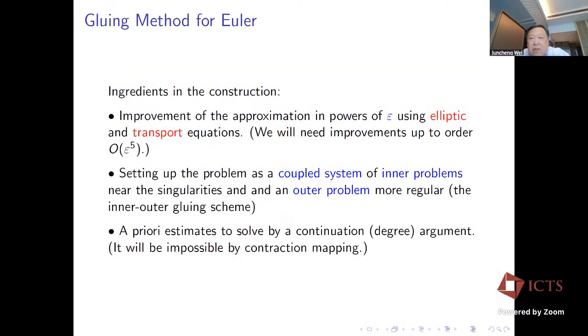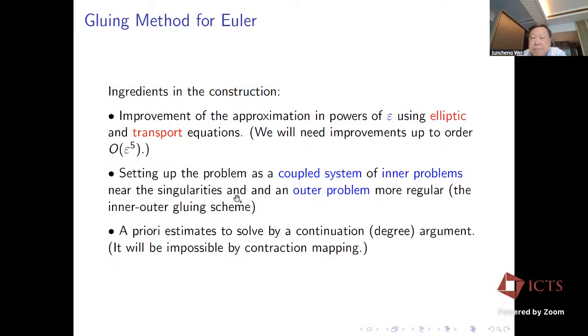So what is new for the Euler equation? The new ingredients in the construction for the Euler equation: first, we have to improve the approximate solution in powers of epsilon using elliptic and transport equations, up to very high order, and then we set up the problem as a coupled system of an inner problem near the singularity and an outer problem away from the singularity.